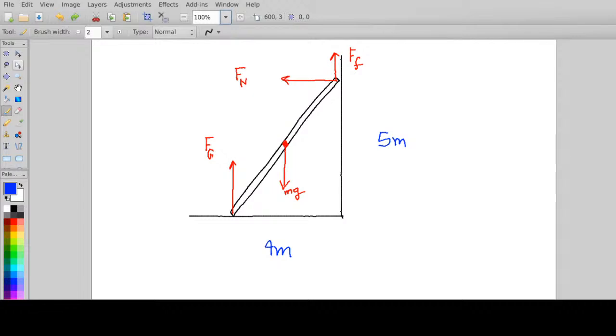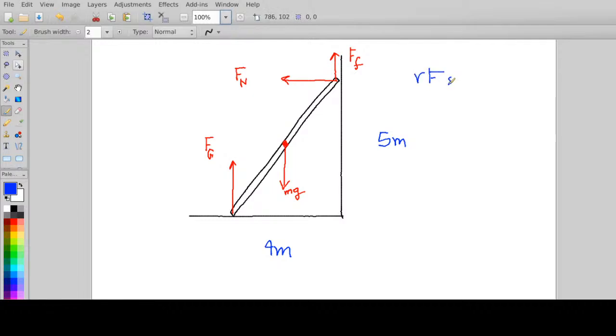There's that step. At this point, we've identified all the forces that are acting on the object. Not only have we identified all the forces, but we've also identified where on the object they act. That's a little bit different than when we just did Newton's laws acting on a mass, or on an inclined plane. Here, we've got to determine the torque, and the torque is RF sine theta.